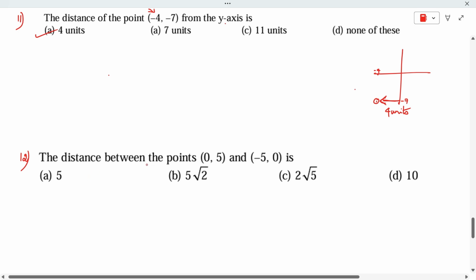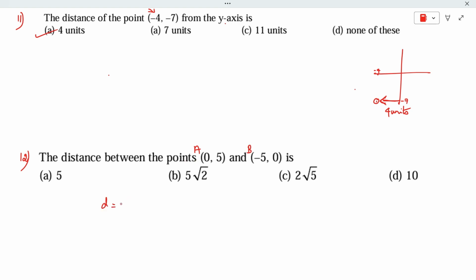Question number 12. The distance between the points 0, comma 5. So I'm naming this as A and I'm naming this as B. So what is the distance formula? It is the square root of x2 minus x1 the whole square plus y2 minus y1 the whole square, isn't it? So I'm labeling this point as x1, y1, x2, y2.